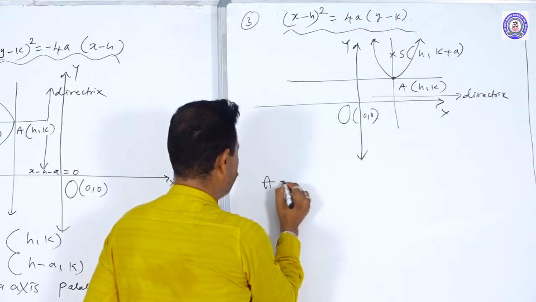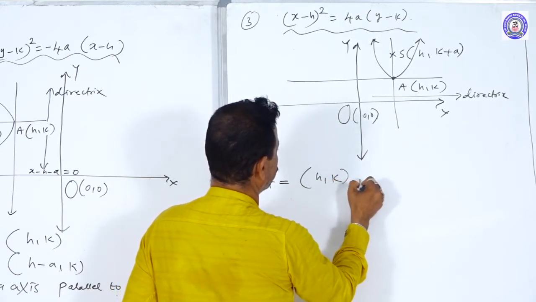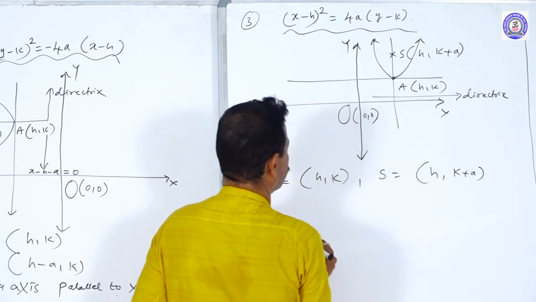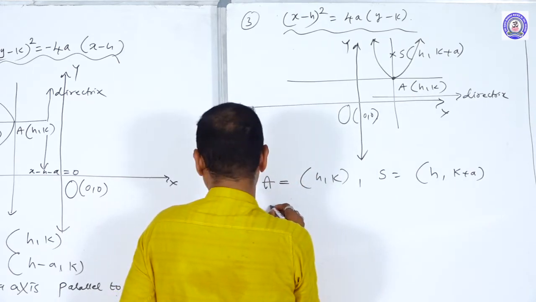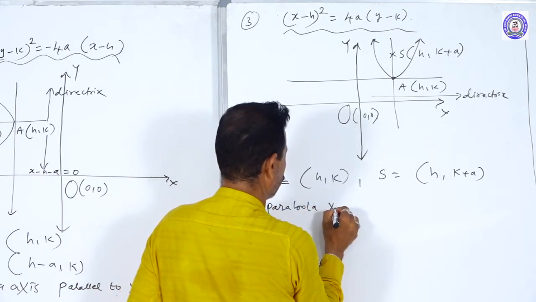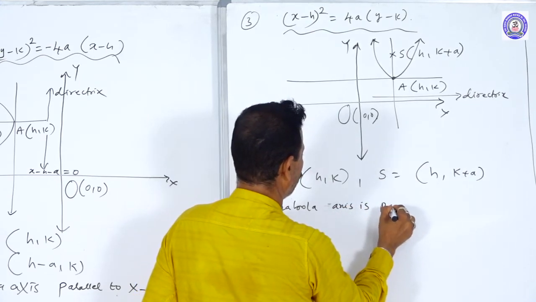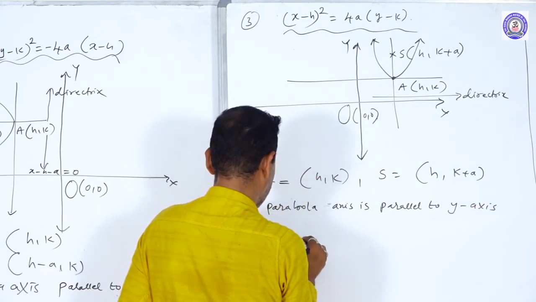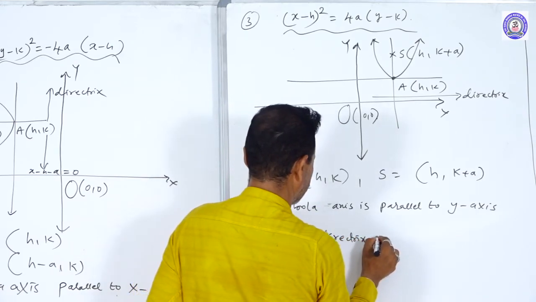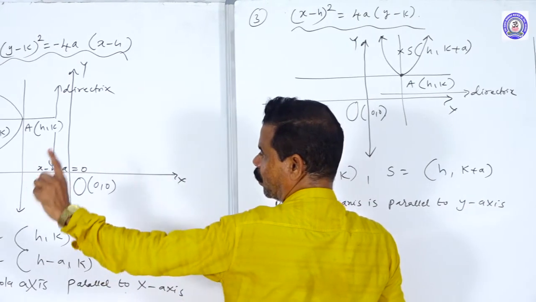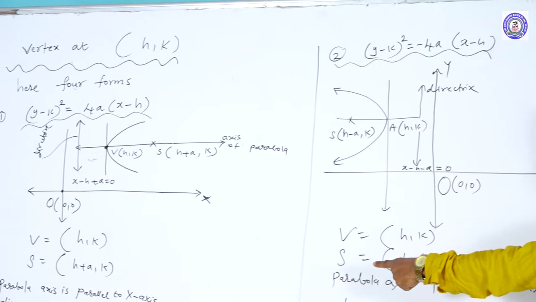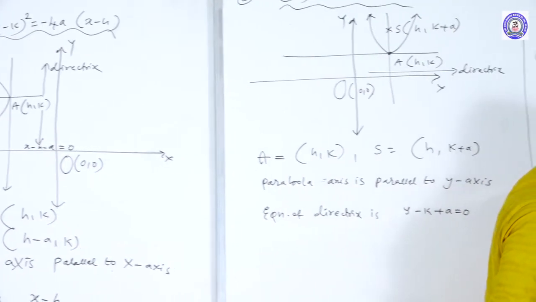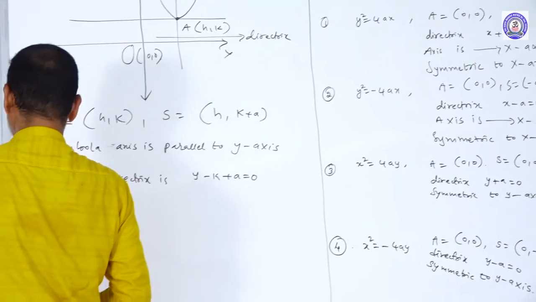So V is h comma k and S is h comma k plus a, and the parabola axis is parallel to y axis, and the equation of the directrix is y minus k plus a is equal to 0. This is the third form.